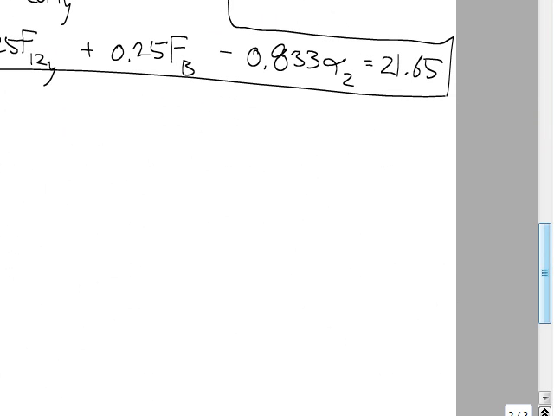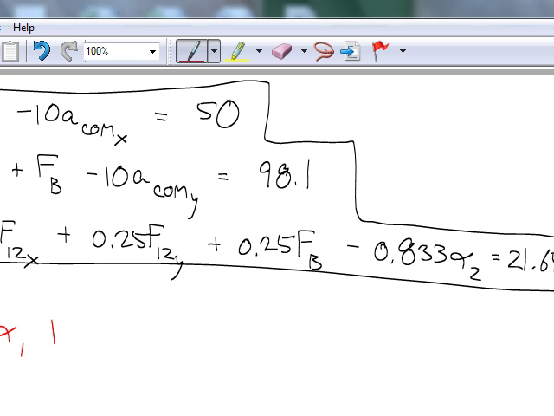And now we also have FB, alpha 2, and the acceleration of the center of mass. So that's 1, 2, 3, 4, 5, 6, 7 variables. Okay?